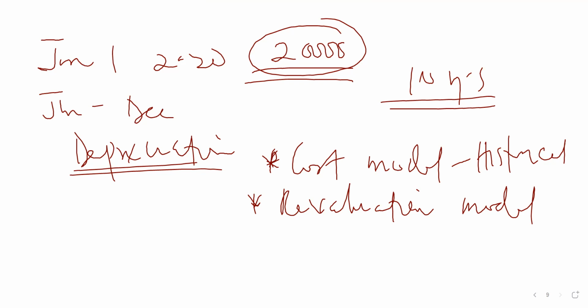If only we can estimate the useful life of the land, then we can charge depreciation on it. But if you cannot estimate, then there will not be depreciation. Okay, that is nice.